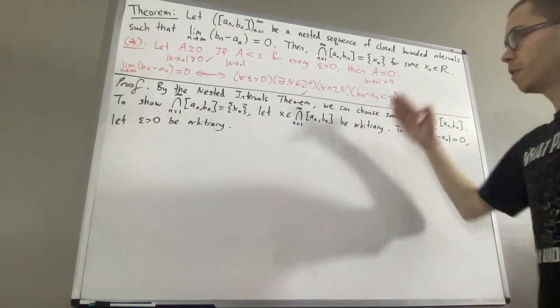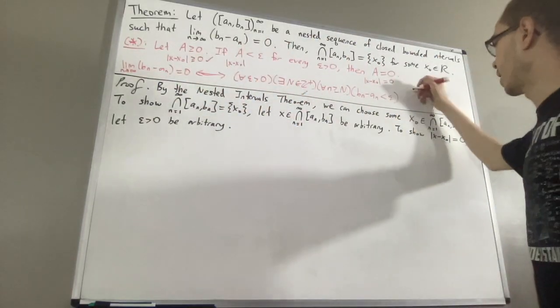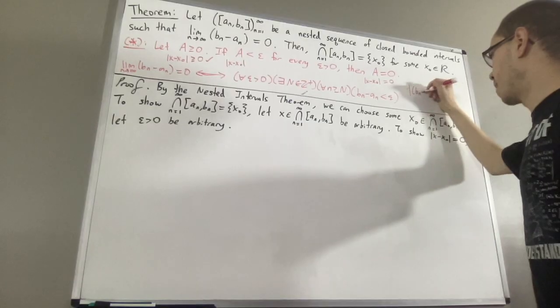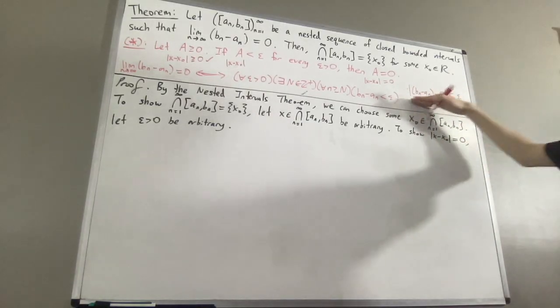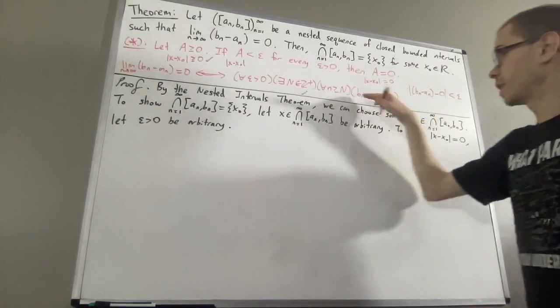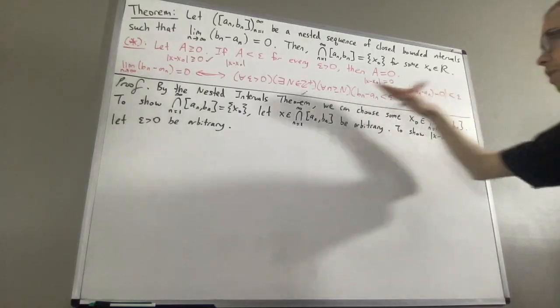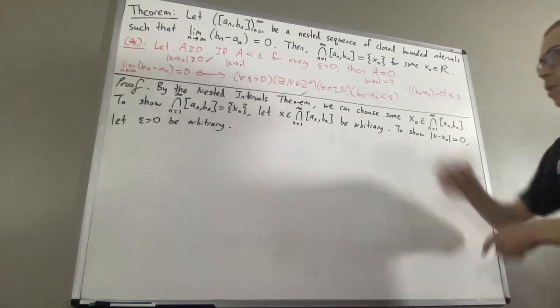Now, more precisely, from the definition of the limit of the sequence, this would actually say the absolute value of bn minus an minus 0 is less than epsilon. Strictly looking at the definition. But replacing this with this is not a big deal. The two statements would be equivalent. This just looks nicer.